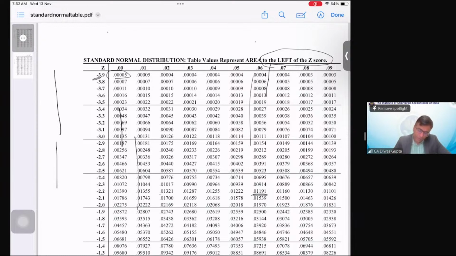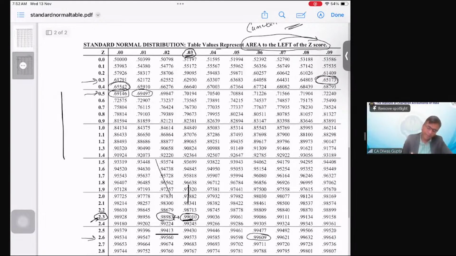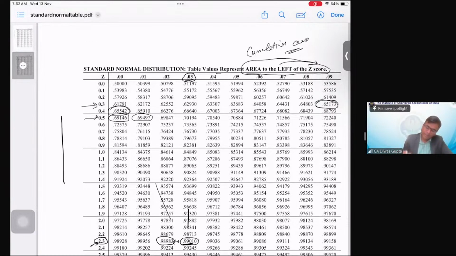Then we want it for 0.5. Let's see where we are. Yeah, so this is 0.5 here, and on the top, 0.500 and 0.501.